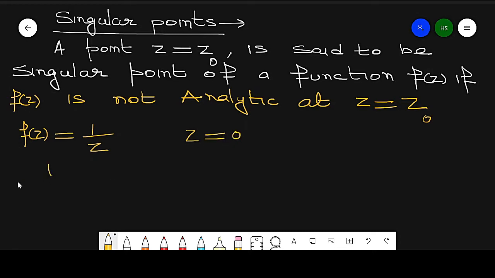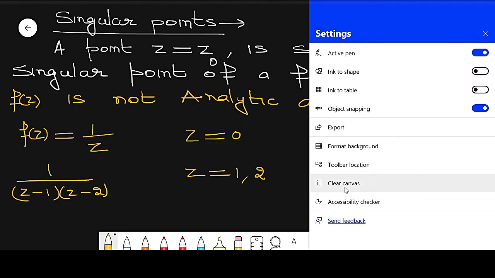If I take the function 1 over (z minus 1) into (z minus 2), the singular points are 1 and 2, because the function is not analytic at the point 1 and is not analytic at the point 2. Now, if I take the function e raised to power z, it has no singular point because it is an analytic function.